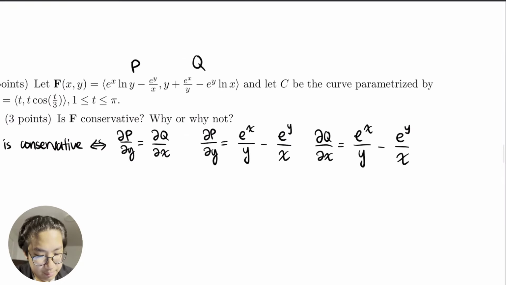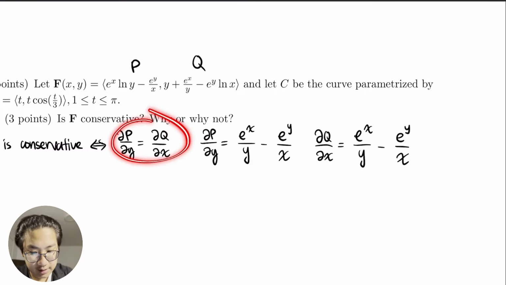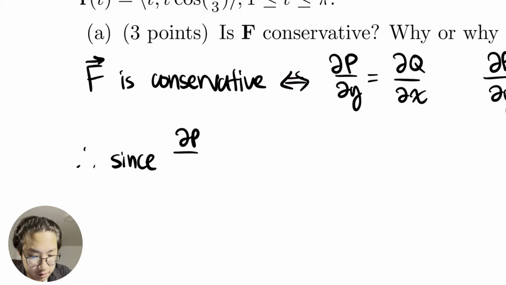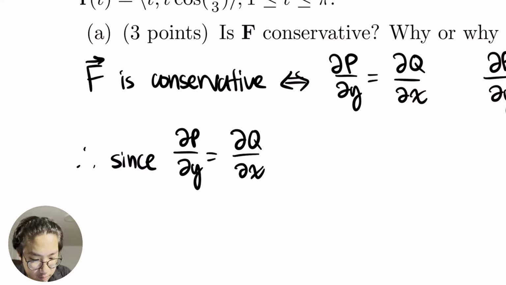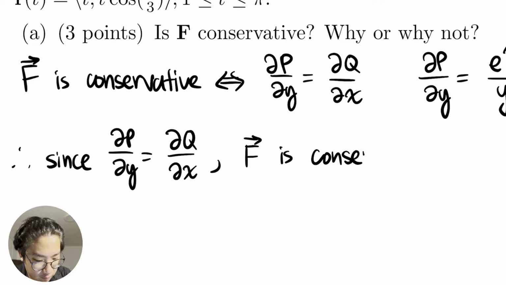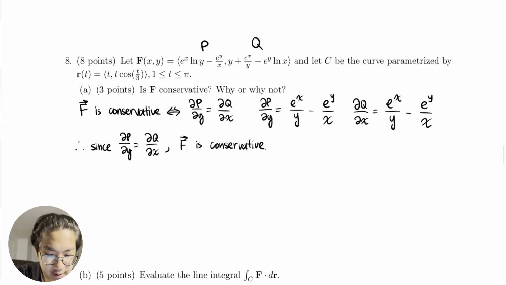Notice that partial P partial y and partial Q partial x are indeed equal. Therefore, since the partials are equal, F is conservative. Okay, so that's this part.